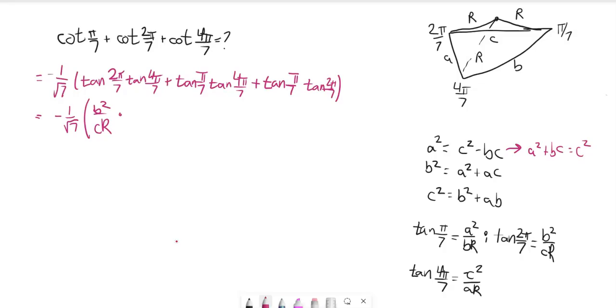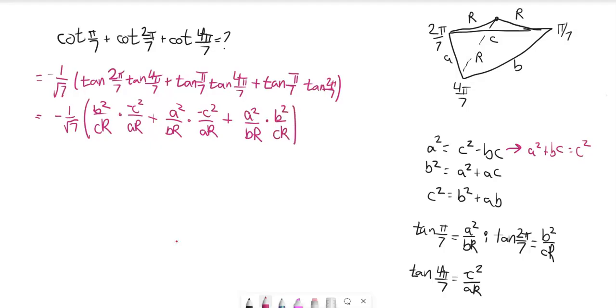Tangent of 4 pi over 7 is negative c squared over ar, plus tangent of pi over 7 is a squared over br, times negative c squared over ar plus a squared over br times b squared over cr.